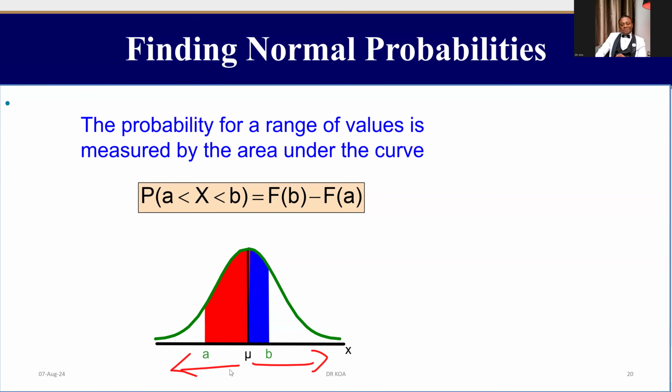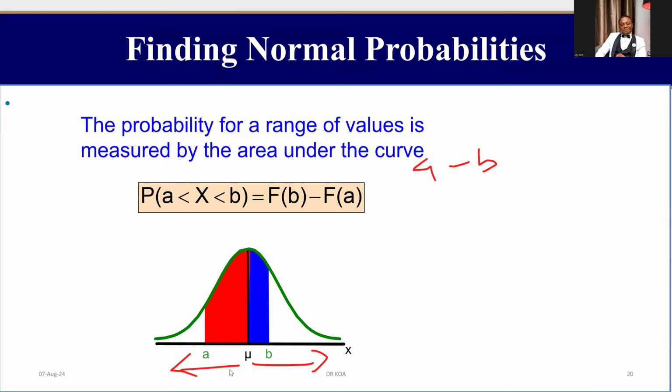But then the red is inside half of the area, and the blue is also inside half of the area. So how do I get the distance from A to B? How do I get it? Well, I know that the left part is 0.5.